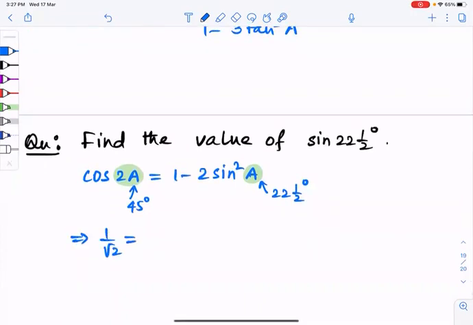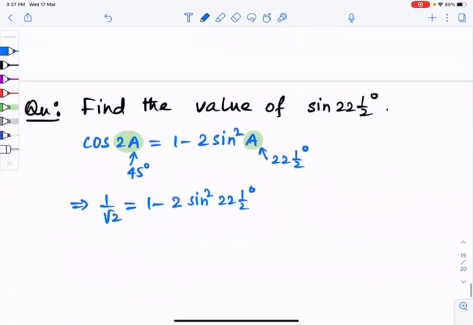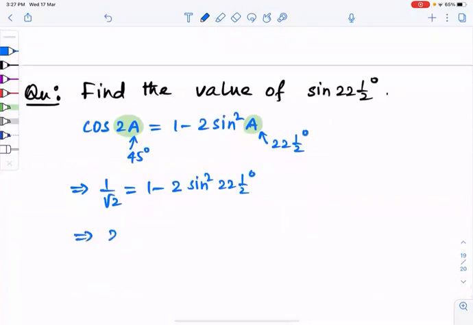That is equal to 1 minus 2 into sine square 22.5 degree. So this implies 2 sine square 22.5 degrees equal to 1 minus 1 by root 2. That's root 2 minus 1 by root 2.